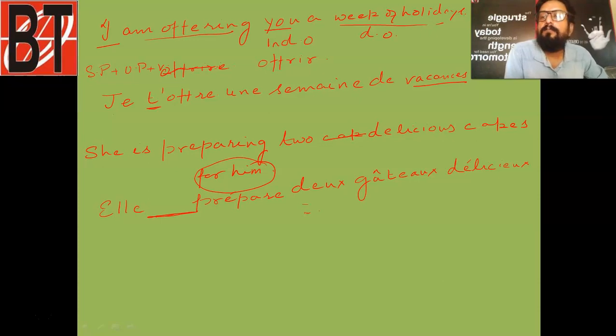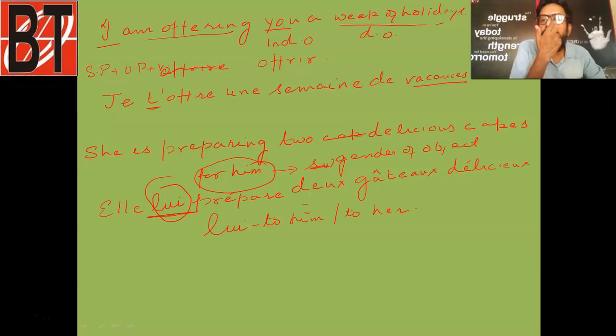Elle lui prépare. Now what does this lui mean here? Lui means to him and to her. So when you say for him in English, you know the gender of the object. But here, when you are using lui, the gender of the object is unknown.